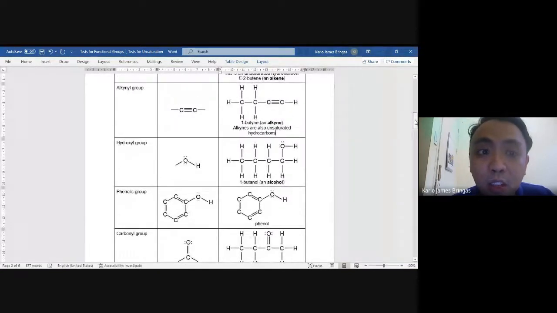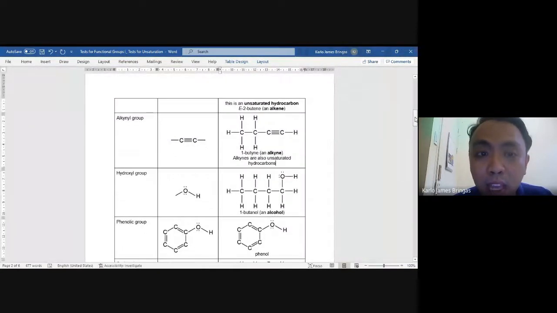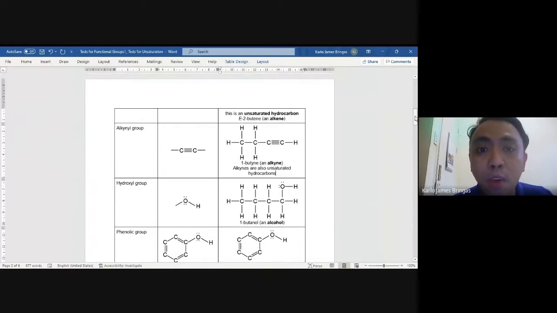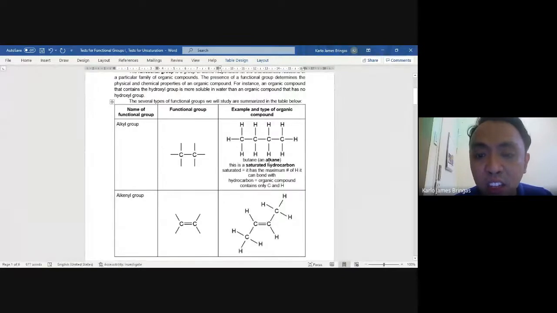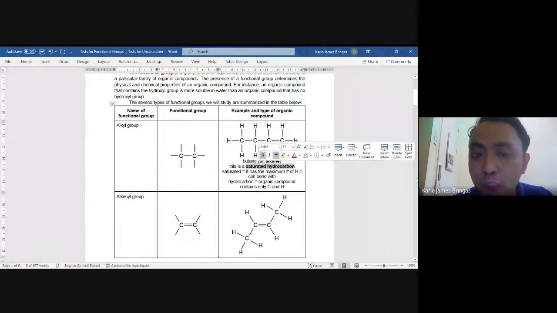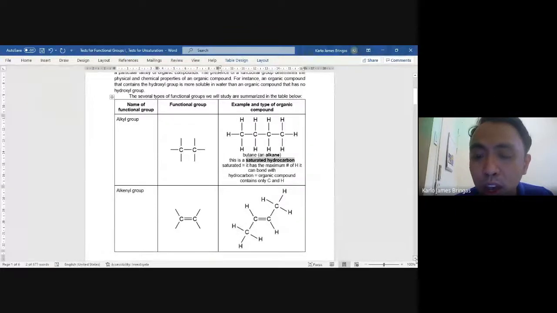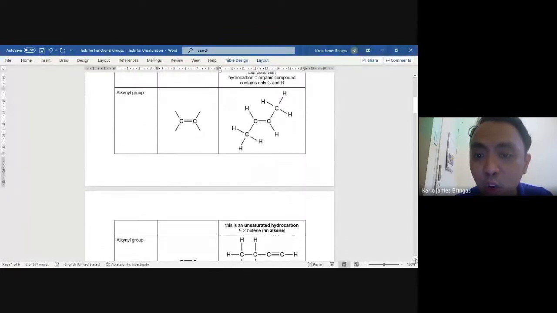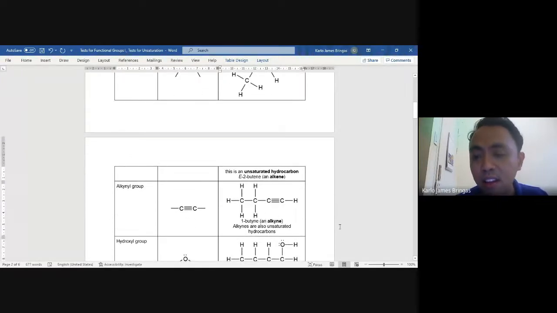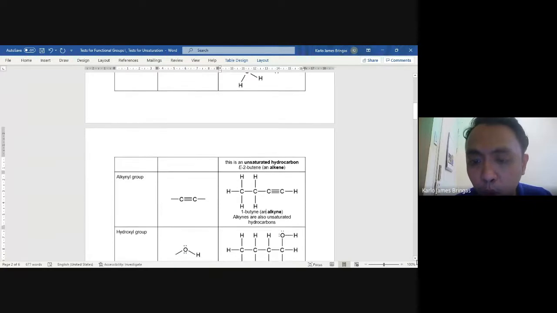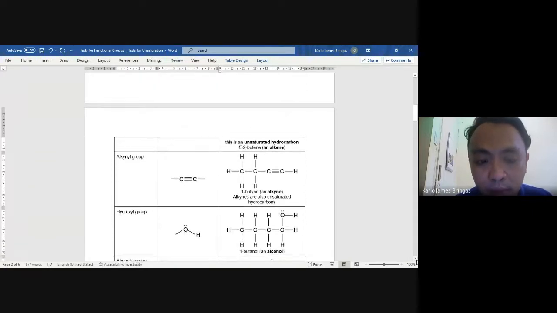So the tests that we're trying to do for this activity, it allows us to differentiate whether, kung may sample ba tayo, do we have an alkane, that is a saturated hydrocarbon, or meron ba tayong unsaturated hydrocarbon, tulad ng alkene or ng alkyne. So that's what we're trying to do for this particular na activity.